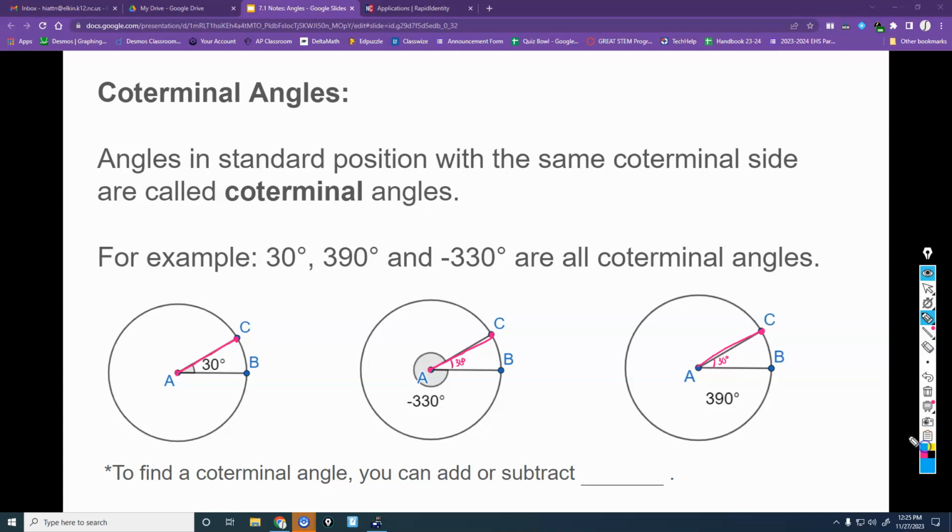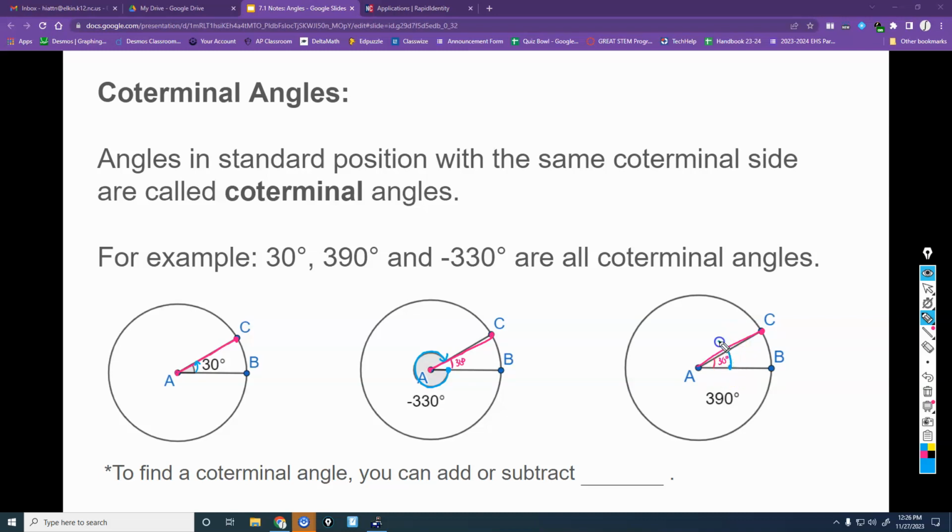But for the first one, the angle we're looking at is just that normal little 30 degree section, right? On the second one, negative 330, you always have to start right there on the initial side or initial ray, and since it's negative, you would go clockwise 330 degrees like that. 390, you would start right there on the initial ray.